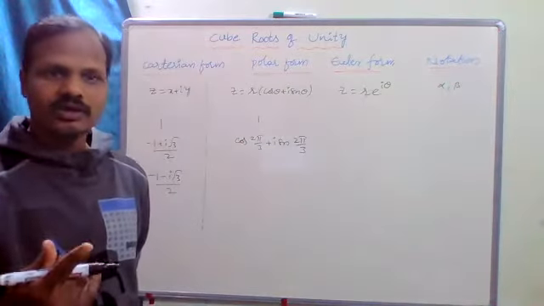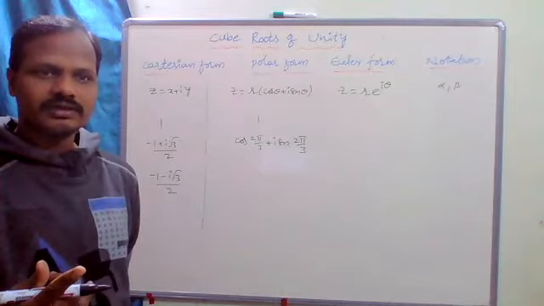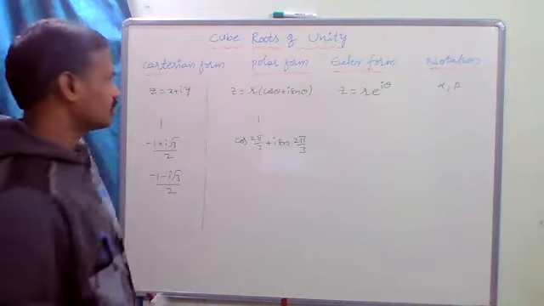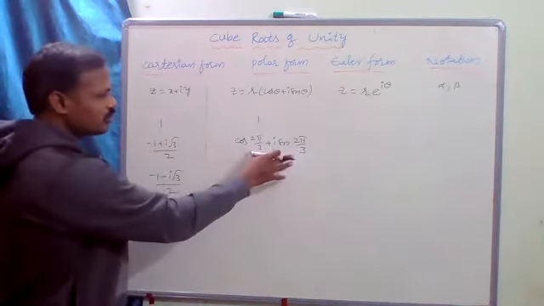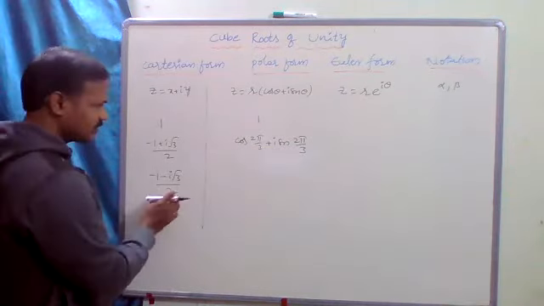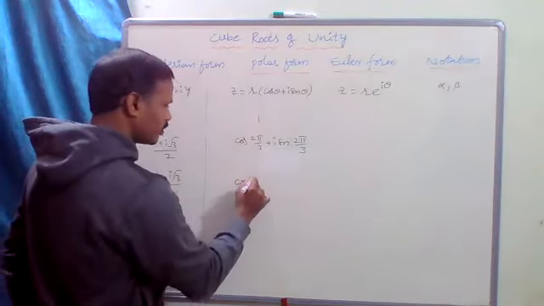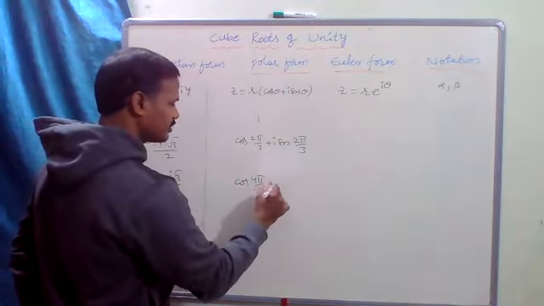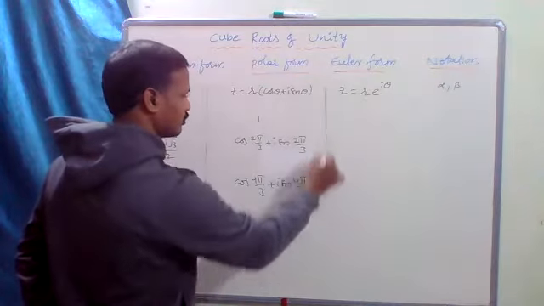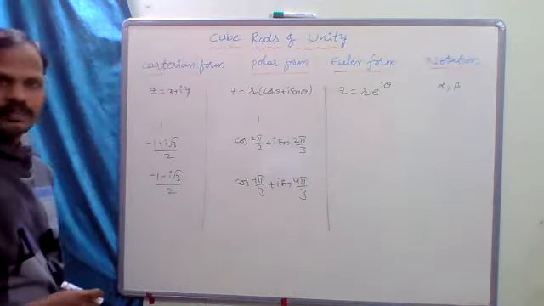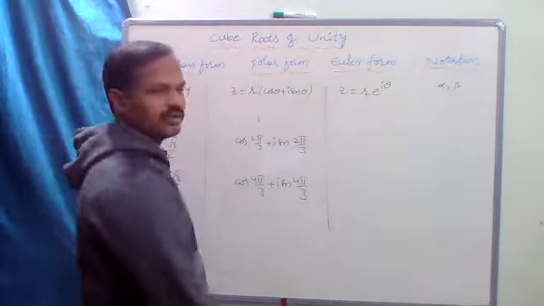So mod z is 1, that is r equal to mod z, which is 1. So 1 into this one. Now this is cos 4 pi by 3 plus i sin 4 pi by 3. Clear? Now this is the polar form.